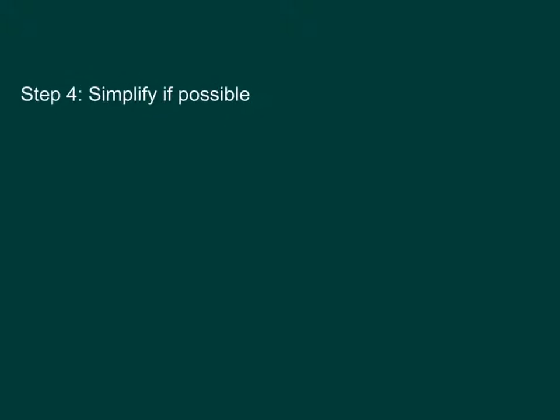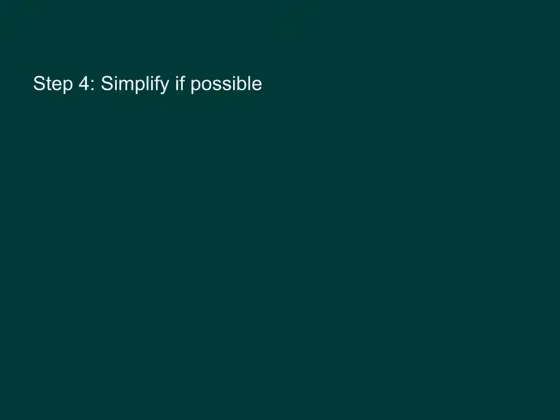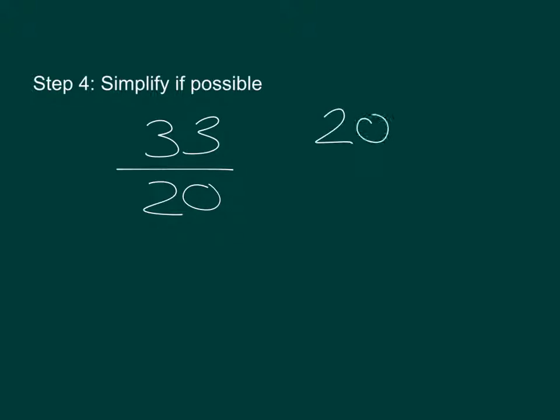And now we are left with 33/20. So we're still in that first option, where once we turned our mixed numbers into improper fractions, we were left with 33/20. And how do we simplify that? Well, we divide the denominator, 20, into the numerator, 33.